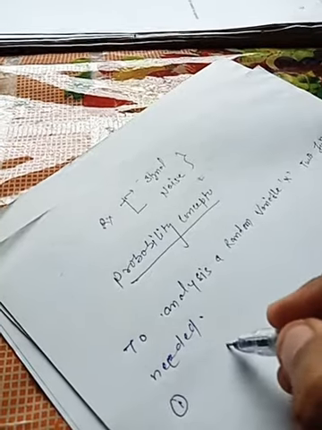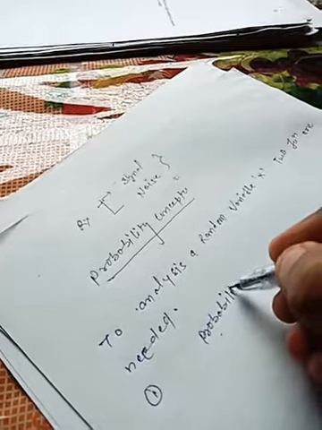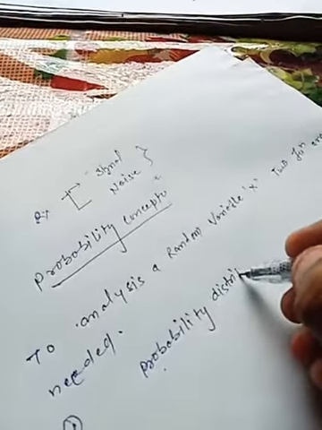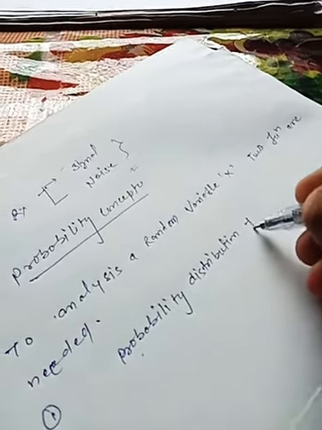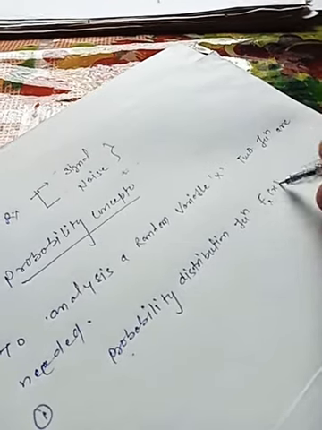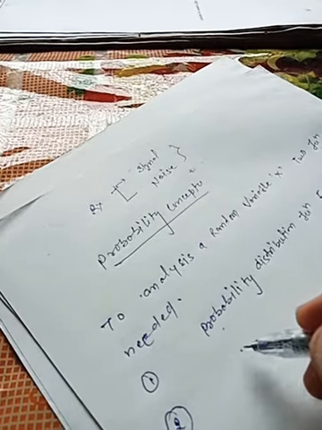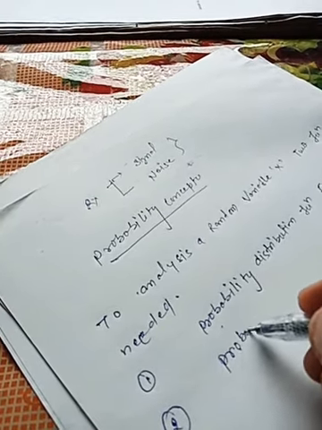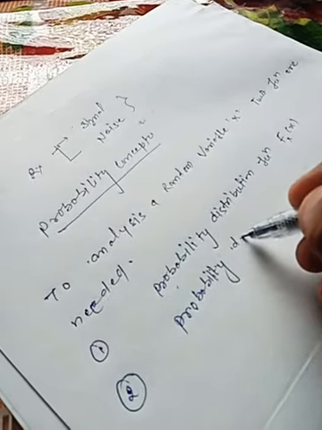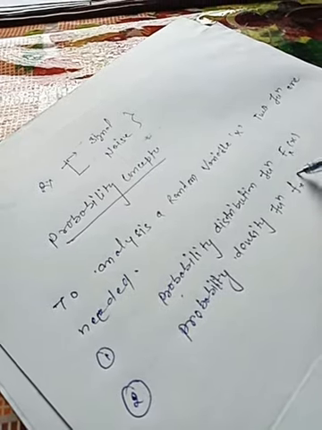First, the probability distribution function, which is denoted as capital F, and second, the probability density function, small f.